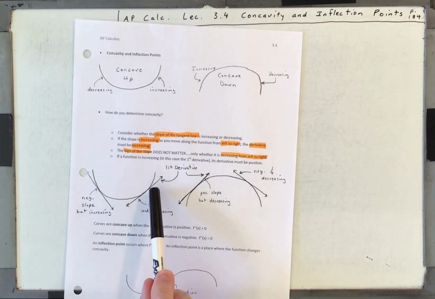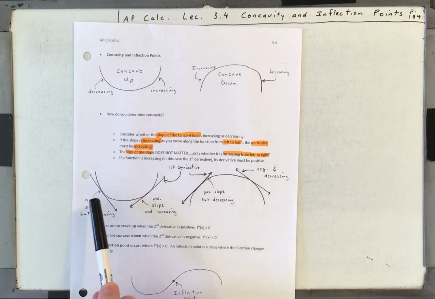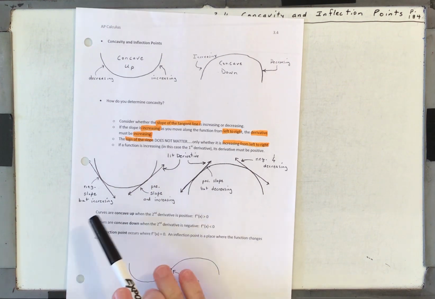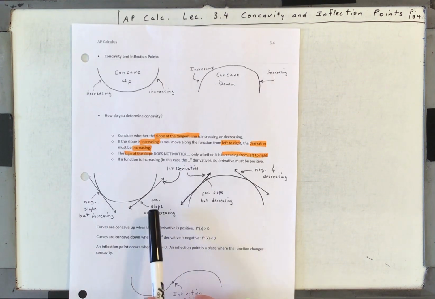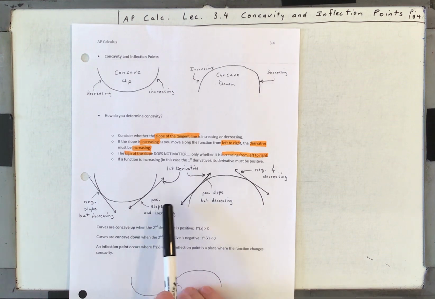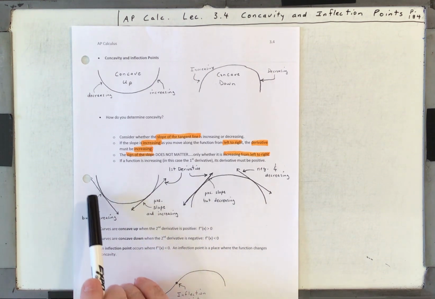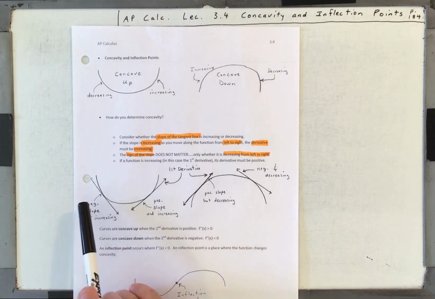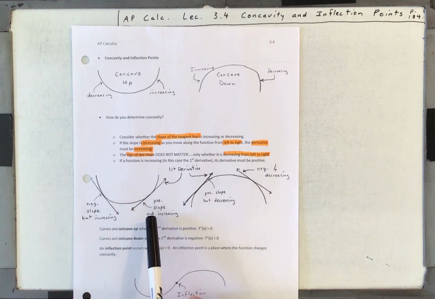By the time you get over here, it's a positive slope, but it's a negative slope over here, so it's increasing from left to right. That tells you that if the slope of the tangent line is increasing from left to right, getting more positive, then it's concave up.